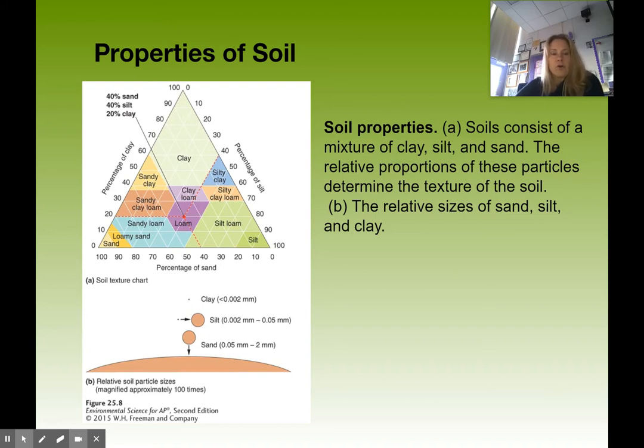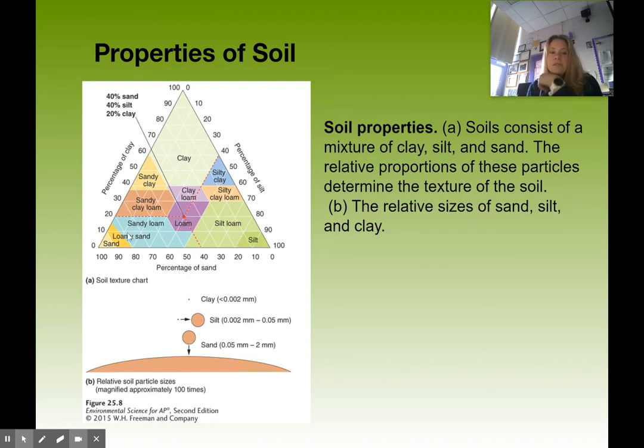And then here are our soil properties. We've got sand, silt, and clay. These are the 3 physical properties that we're looking at. We're determining, using this triangle, the amounts of what type of soil we have. Let's say that we have percentages of sand. The way that you use this is these are sideways.